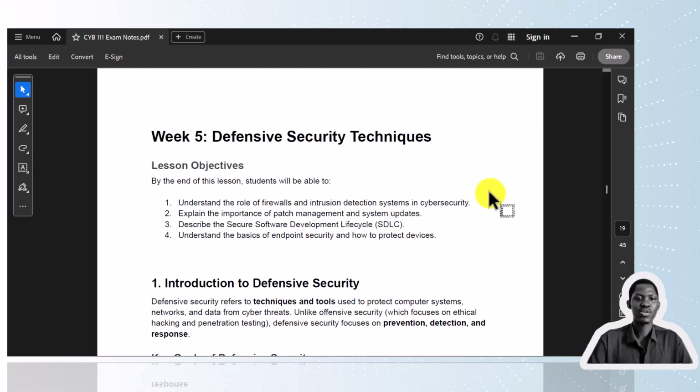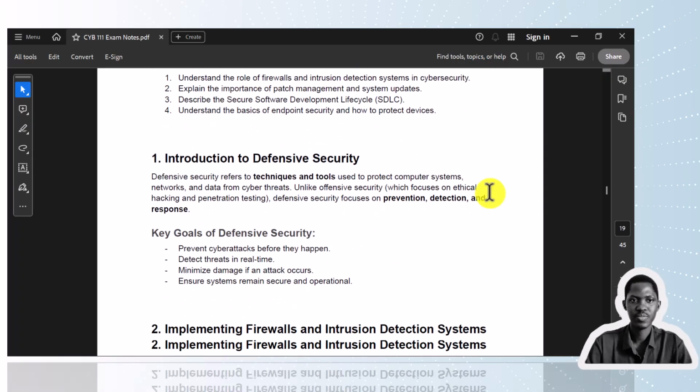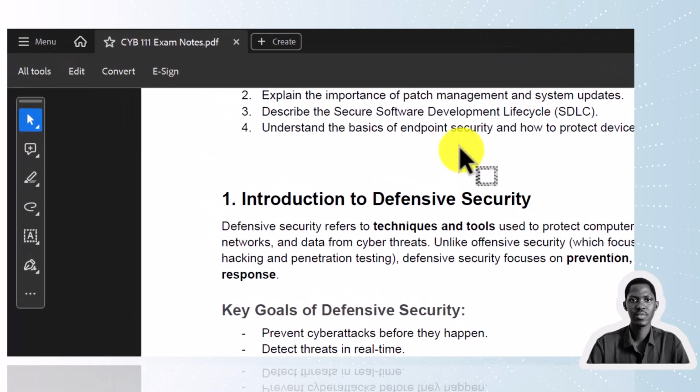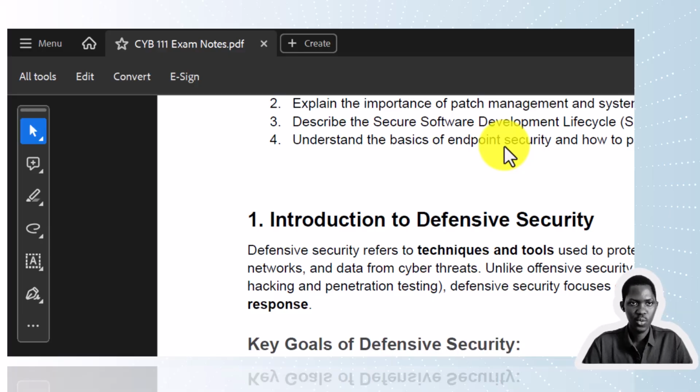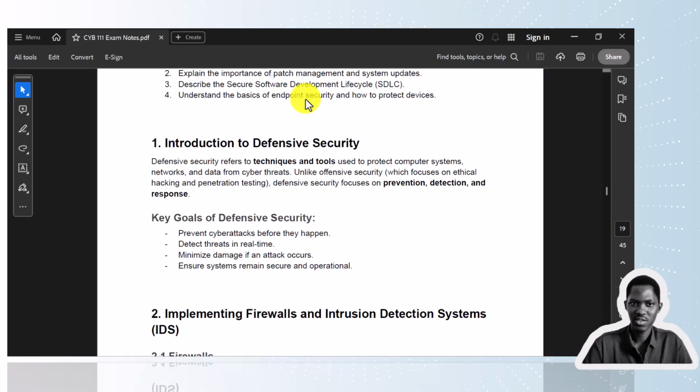Introduction to defensive security. Defensive security, what is it? In layman's terms, you already understand what defensive security is. You are just trying to protect something.